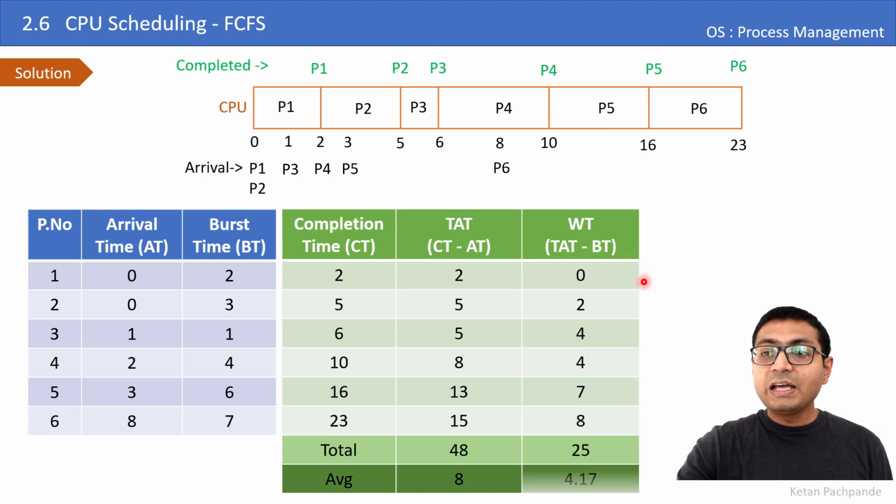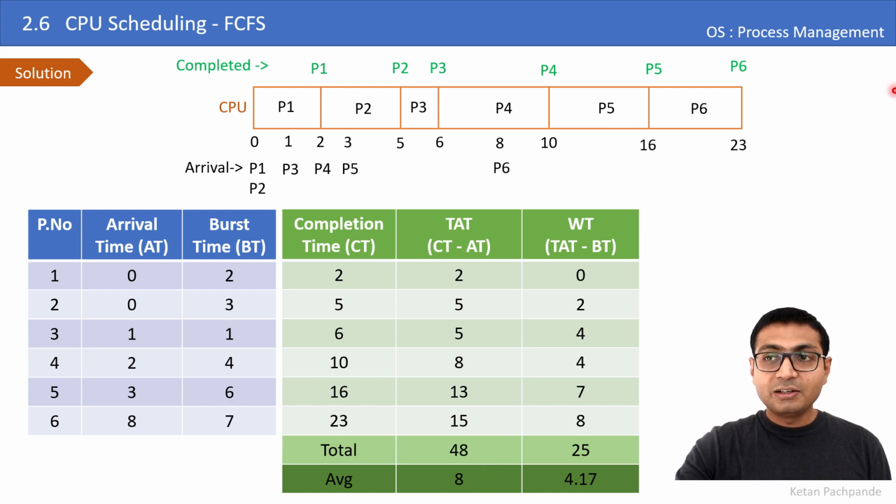So here the waiting time of process P1 is 0 because 2 minus 2, that is burst time, is 0. 5 minus 3, which is 2. 5 minus 1, that is 4, and so on. So the total is 25 and the average is 4.17. So that's how we get the average turnaround time and average waiting time.